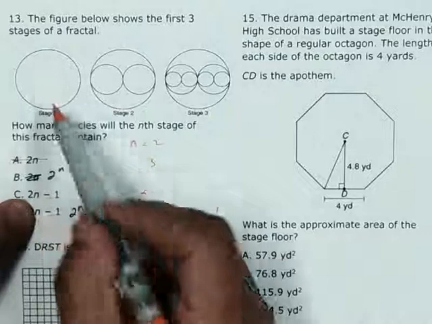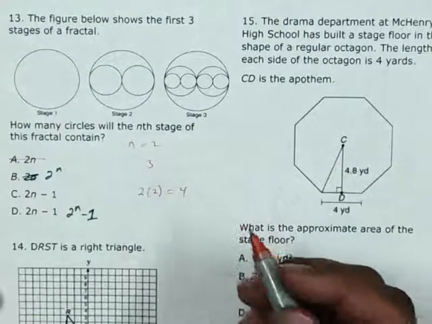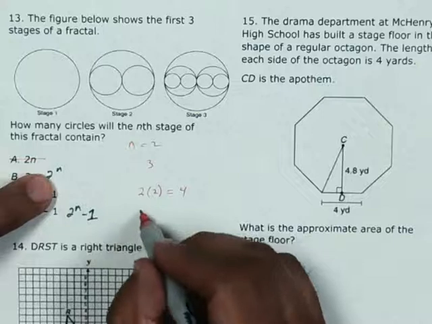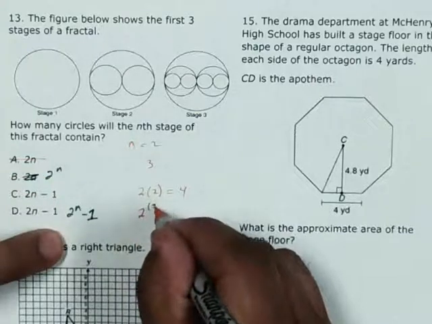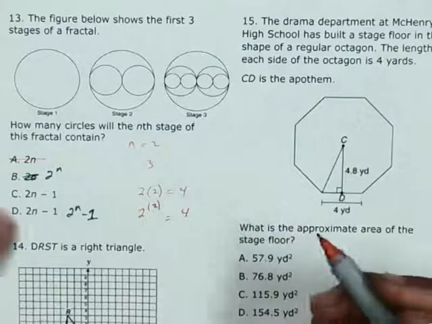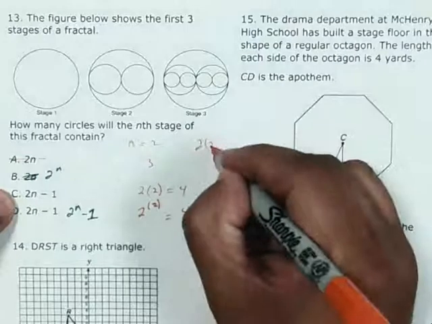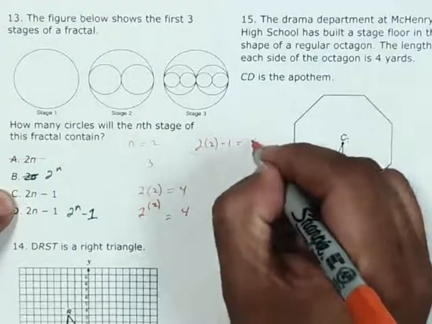You don't want to try the first one because usually the first one will work for all of these, as just a test strategy. 2 to the nth power, so this would be 2 squared, which in this case happens to be 4. If I do 2 times 2 minus 1, that gives me 4 minus 1, which is 3.